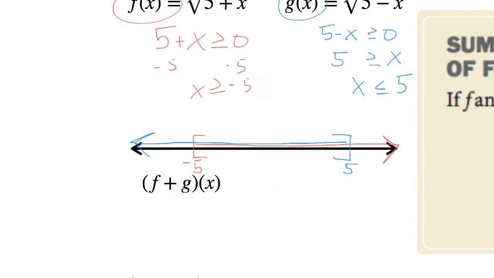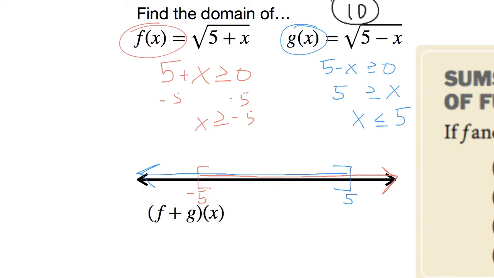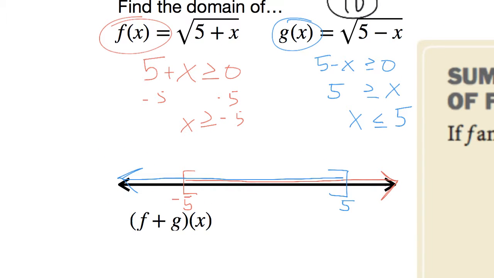So the question is, what is the domain of (f plus g) of x? That would be the square root of 5 plus x plus the square root of 5 minus x.